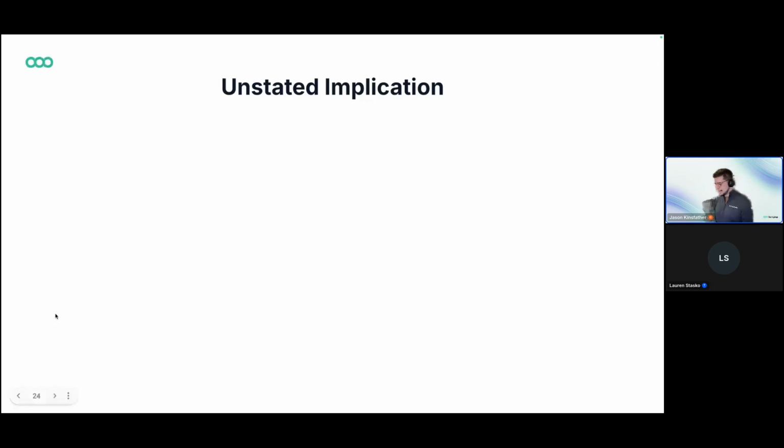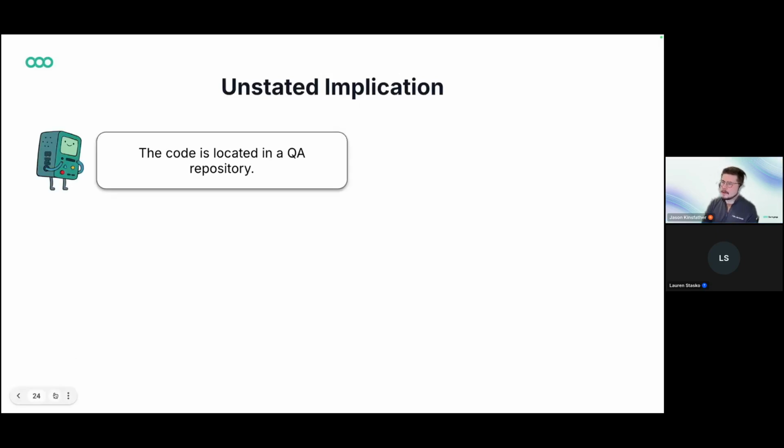Now, the next major error that I see is just not being clear about what your implications and the consequences are for Assistant. Oftentimes, this is just stating a fact about the state of affairs. So, for example, the code is located in a QA repository.